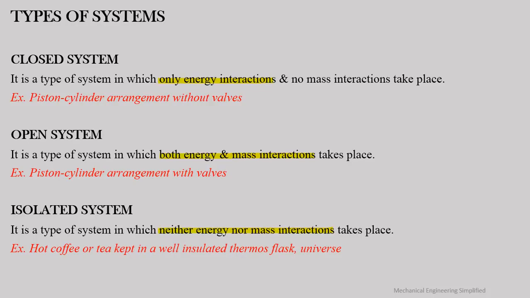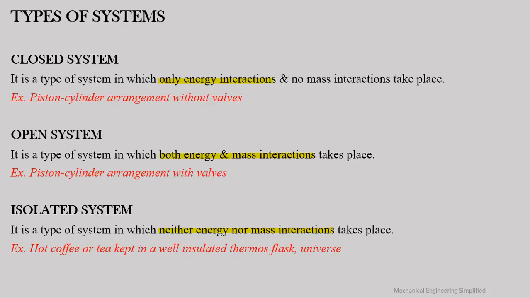But please let me make it clear that ideally that thermos flask cannot be considered as an isolated system, because after some point of time it will lose some heat and eventually that hot fluid will become normal. So the thermos flask cannot be considered as a completely isolated system. It is somewhat isolated but not completely isolated.